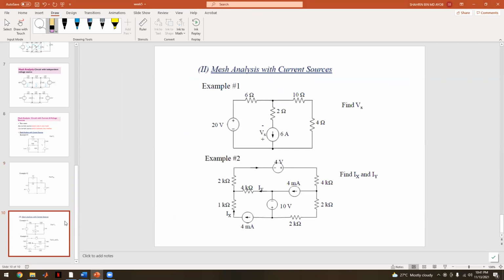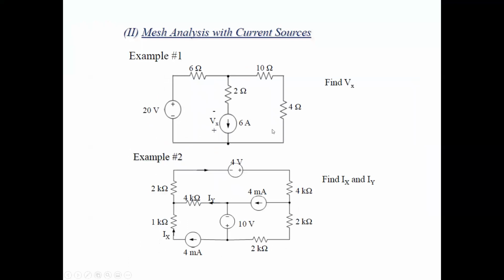So next is actually the mesh current case. What will happen when, as you can see here for this example, we have a current source that is shared with two mesh currents, I1 and I2? So how to solve this?